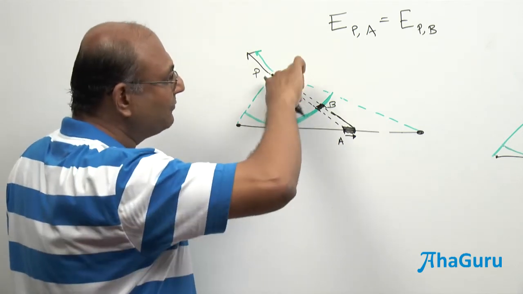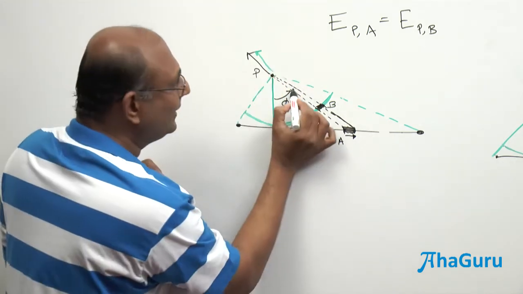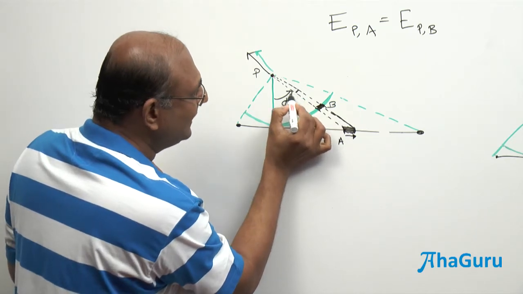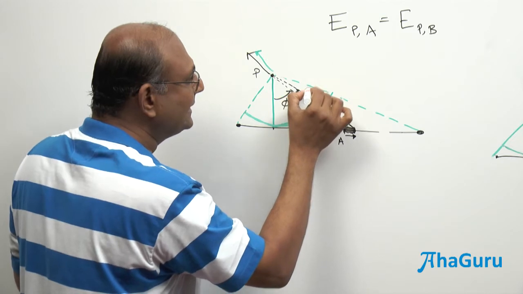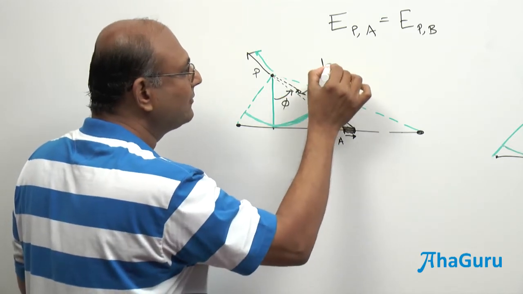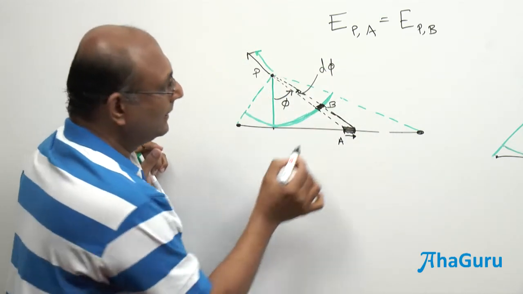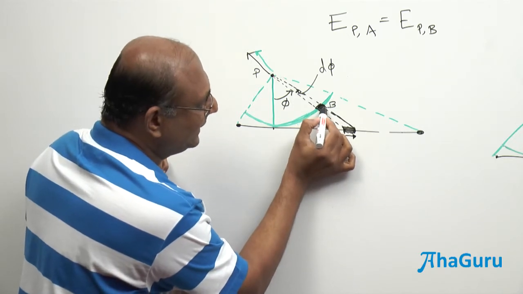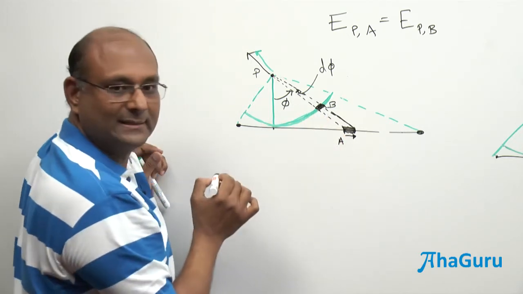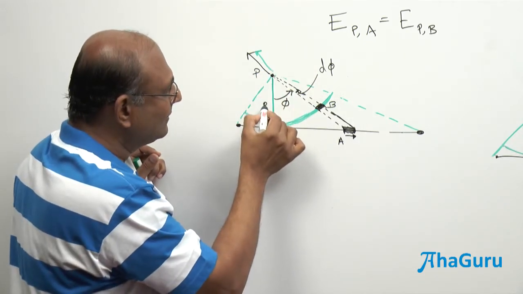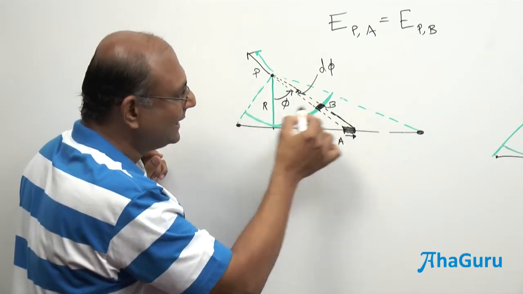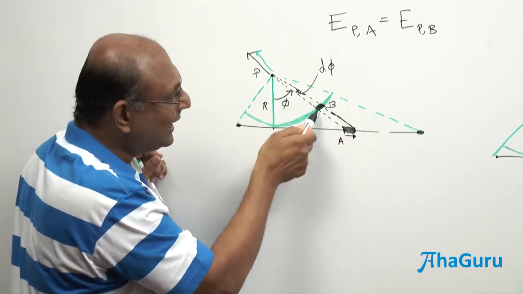Now this is d phi. That is going to tell me, when I change this angle, this increase in the angle is d phi. Now what about this b? At b, what is that extra piece? What is that element that has been created? Well, this is r, and so what about that? It's an arc. So that is also r.